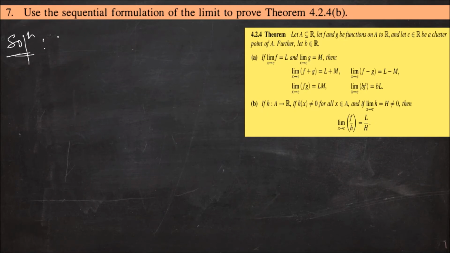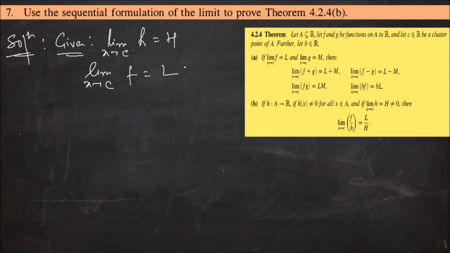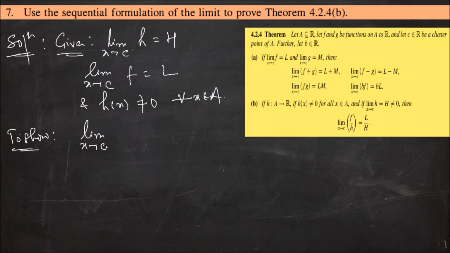So the solution: given is limit x tends to c of h is equal to H, limit x tends to c of f is equal to L, and h(x) is not equal to 0 for all x belonging to A. So h(x) does not vanish on A. To show limit x tends to c of f by h is equal to L by H, and this we have to do using sequential criteria for limits.